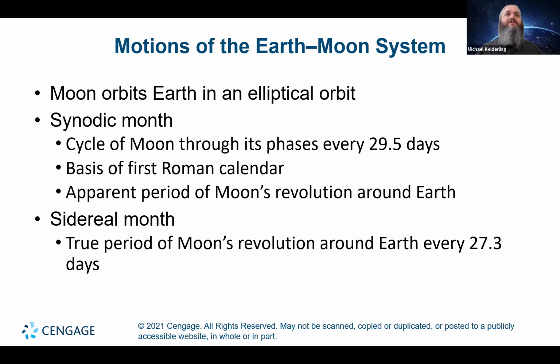So the true period of the moon's revolution around the Earth is over 27.3 days. That's the sidereal month. And that's caused by the orbit of the Earth around the sun.